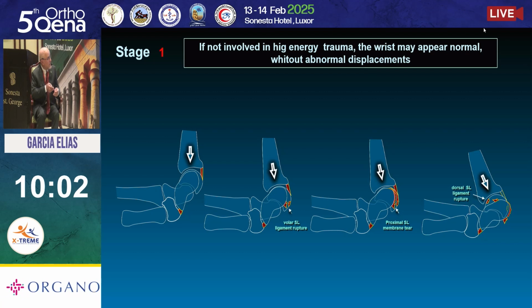That rupture transmits from volar to dorsal. You have that proximal scapholunate membrane dissociation, and then we have a dorsal scapholunate ligament rupture. All these need to be understood that can happen right away, or can take several weeks or months to occur.